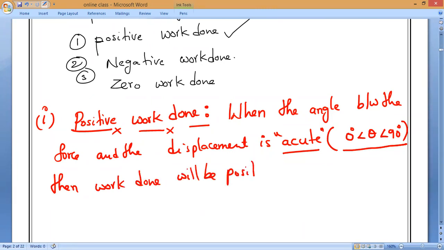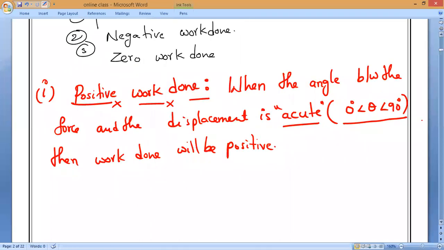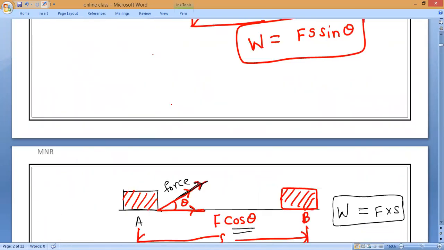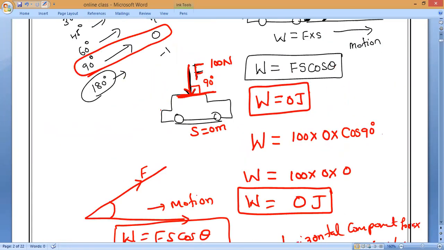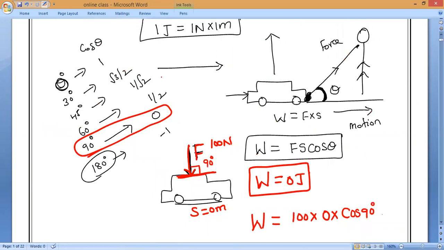Is it okay, guys? I want the answer. So if you notice here, in this case, the cos theta values will be positive or negative? Verify the tabular column. All these cases, cos 0 to 90, all the values are positive or negative?